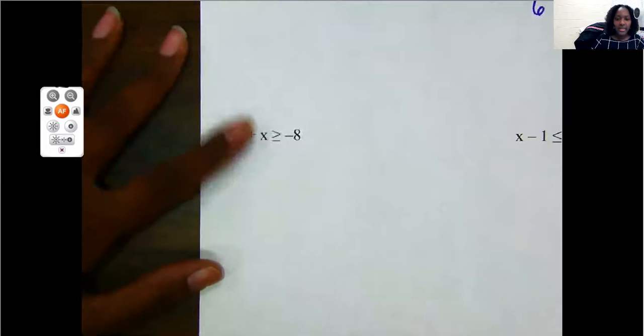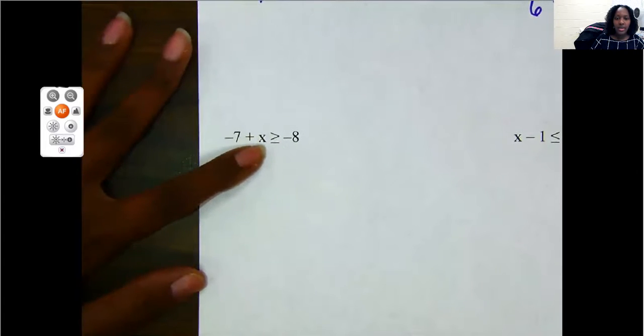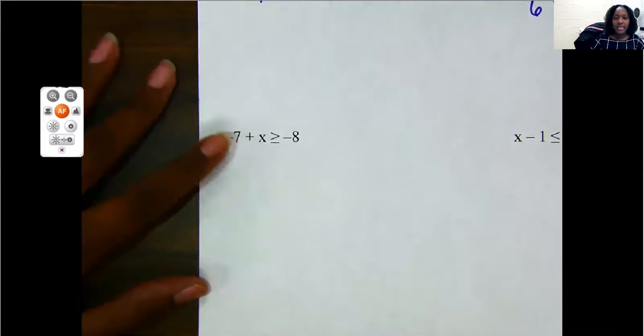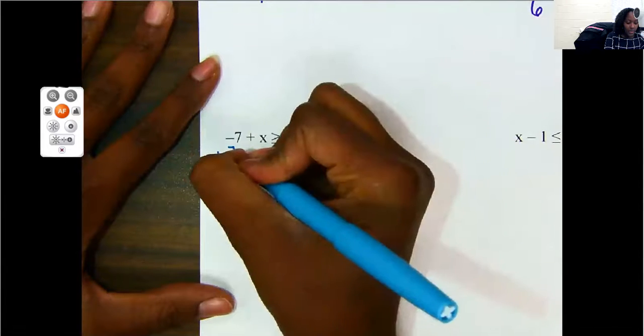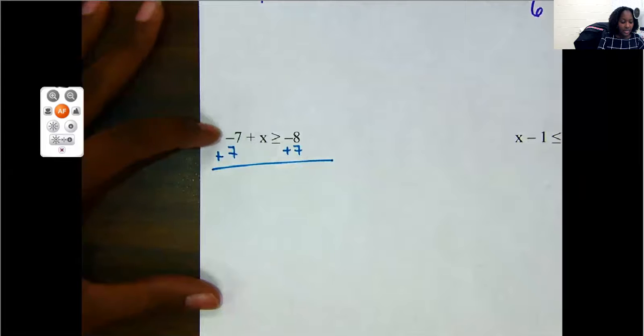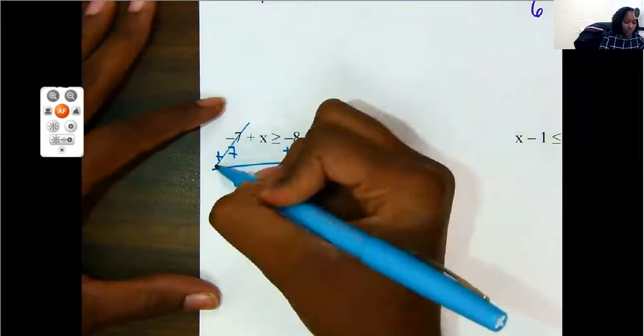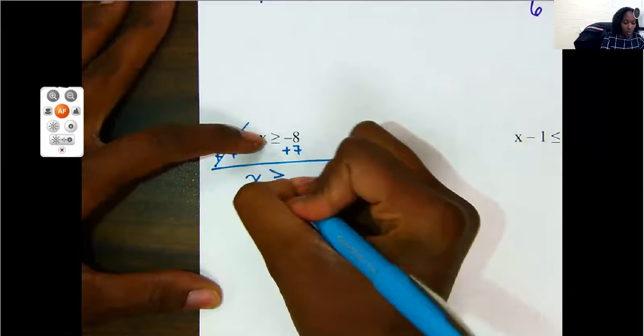Negative 7 plus x is greater than or equal to negative 8. Again, I'm looking at just this side of the inequality. I want the variable by itself. I need to get rid of the negative 7. So the opposite of a negative 7 would be a positive 7. Okay, a negative 7 and a positive 7 will cancel and leave me with just my variable. I'm going to bring down my inequality symbol.